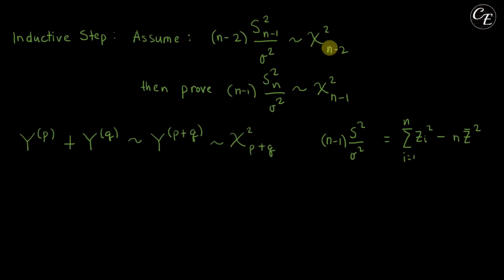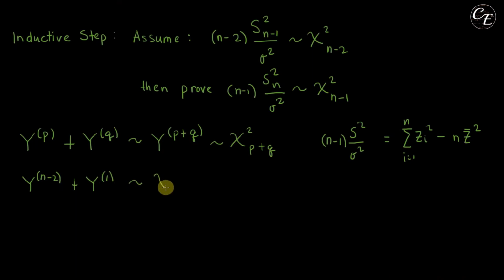Now in here we have a chi-square distribution with n-2 degrees of freedom. Let us write it this one, this one refers to this one, which we assume to be this one. And then if we add another one, which has a 1 degree of freedom, then n minus 2 plus 1 is n minus 1.